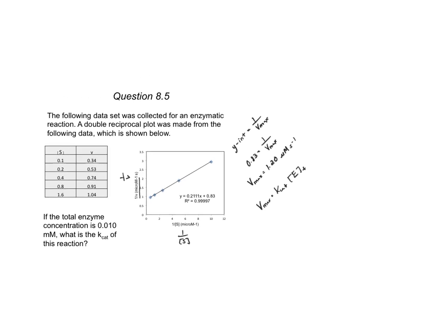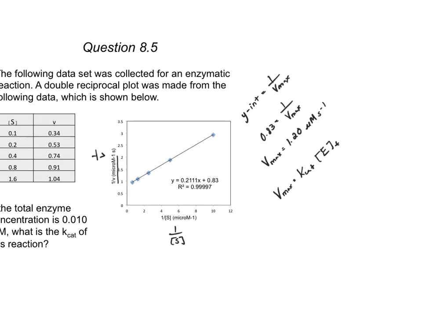To keep this easy, I'm going to substitute the prefix multipliers by what they're supposed to be multiplying by. So micromolar is 10 to the minus 6 molar per second, equal to kcat, and millimolar is 10 to the minus 3. I'm going to substitute that in to quickly convert to molar.